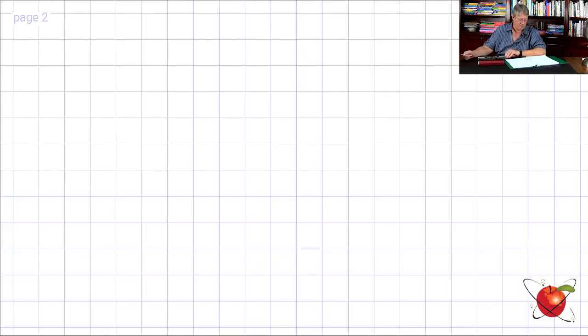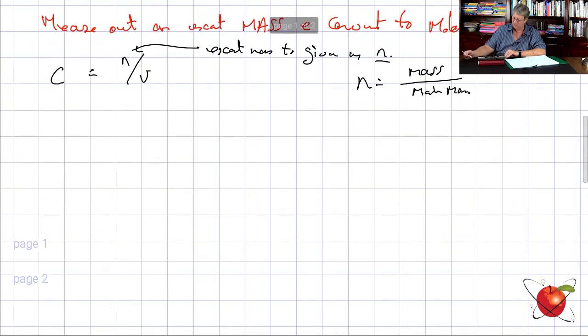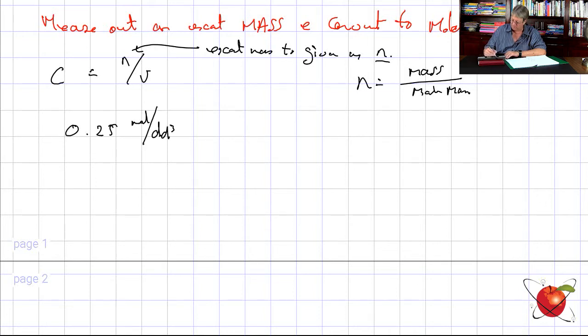Now, that's a standard solution. Very often, I just want to put this as part of this one, if you'll forgive me. A standard solution of, let us say, 0.25 moles per decimeter cubed is often called 0.25 M. It's got a known molarity.